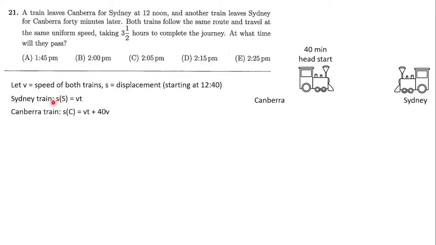So now we have that the Sydney train travels a distance after 12:40 of VT from Sydney going this way, and the Canberra train at time T will be a distance of VT plus the head start of 40 times V.